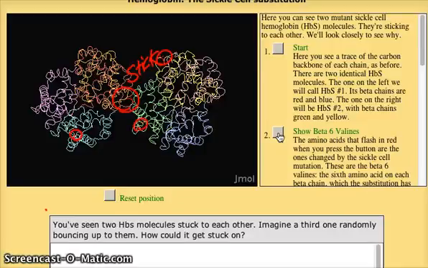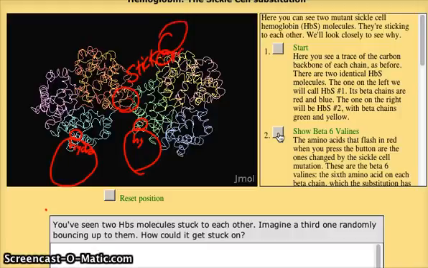So now if other hemoglobins came, this hemoglobin would stick here to the pocket, the hydrophobic pocket would stick there, hydrophobic pocket would stick there. So they start running into each other and start sticking. Because this valine is hydrophobic instead of hydrophilic. So instead of repelling each other, they stick together.